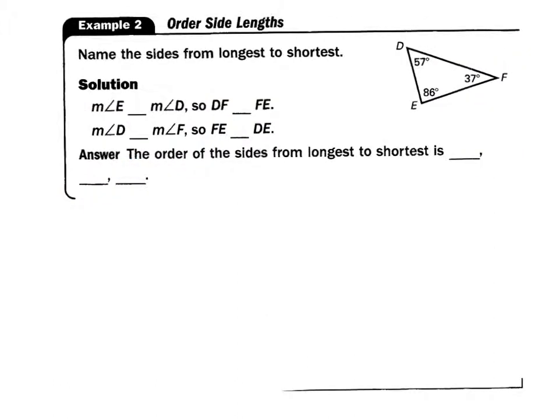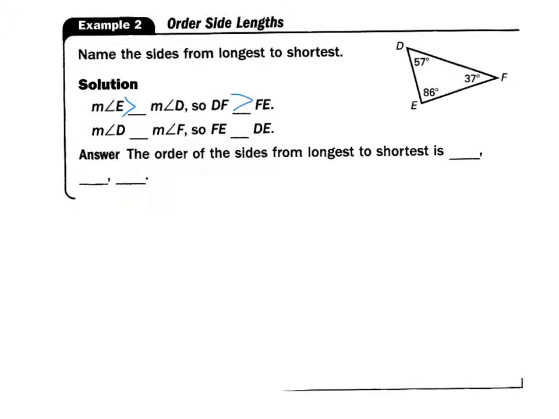Name the sides from the longest to the shortest. So now the angles are given, and obviously the side opposite the largest angle would be the largest side, right? So in this case, because angle E at 86 is greater than angle D, we know DF has to be greater than FE.